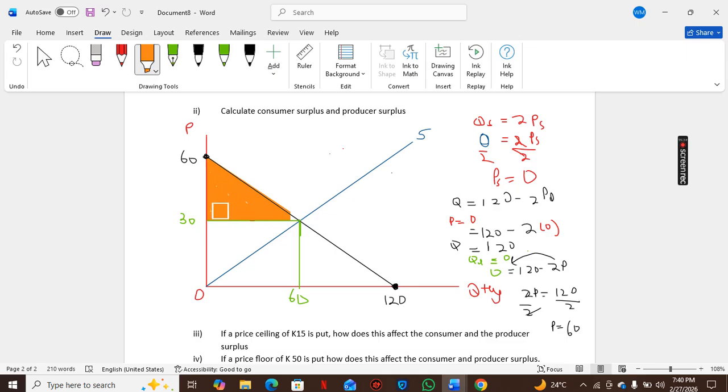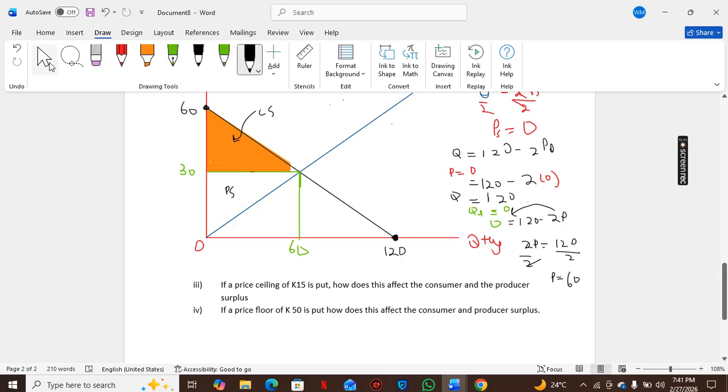So we now need to calculate this. We need to calculate the consumer surplus, so put here, this is CS, and the producer surplus here, PS. We need to calculate them, so pay close attention here.